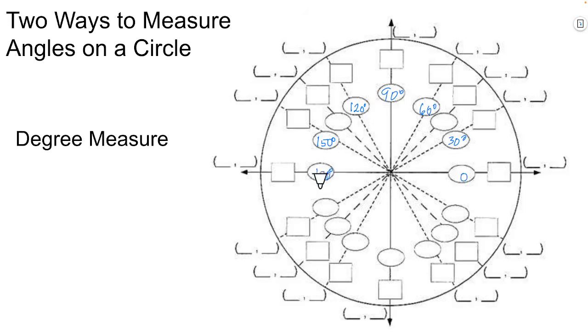Add 30 more, we get to 210. 30 more, and we get to 240. 30 more, and we get to 270. 30 more, and we're at 300. 30 more, and we're at 330. And 30 more, we're back to 0 or 360, right? So this angle here is both. Okay, and then what I do is go back and fill in.